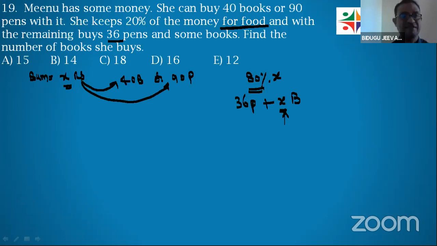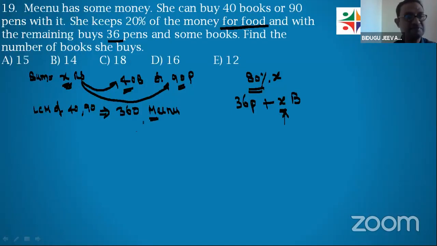See here, with this amount, I may purchase 40 books, or I may purchase 90 pens. Let me calculate the LCM of 40 and 90. It's 360. Let us assume Minu's amount is 360 rupees.